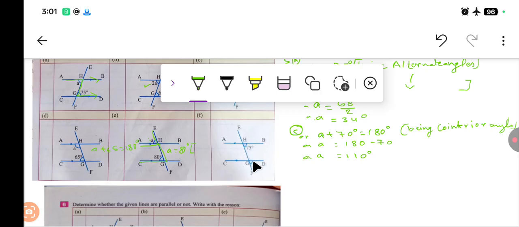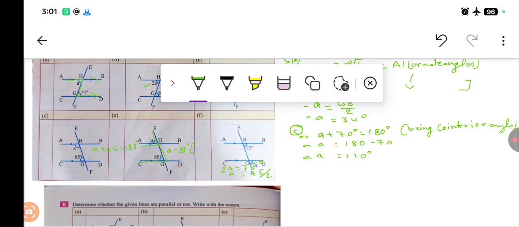Similarly for this question also you can do the same. This is a parallel line cut by a transversal, one interior and another exterior. This is also corresponding angles, where you can write 2a is equal to 75 degree, and you can get the value of a by dividing this 75 by 2.